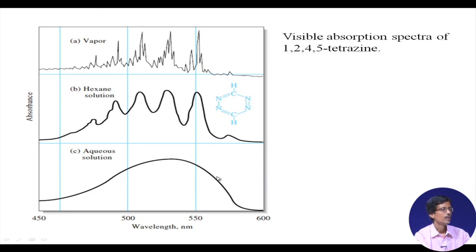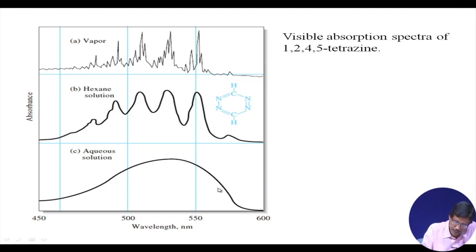If we want to understand the molecule, we have to see that this absorption is due to electronic absorption, so this absorption spectrometry is also electronic spectrometry.